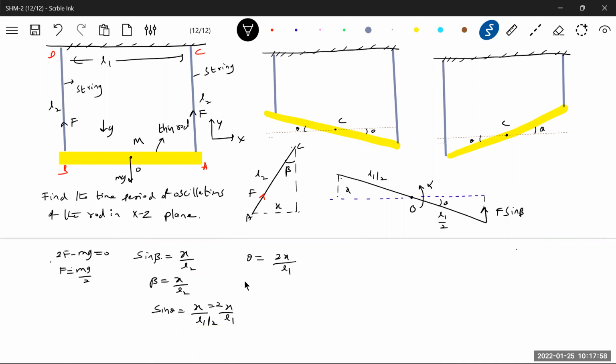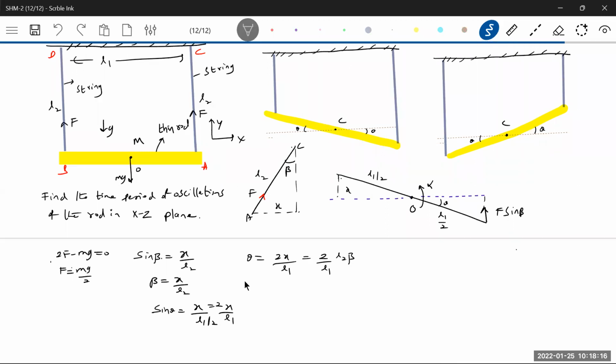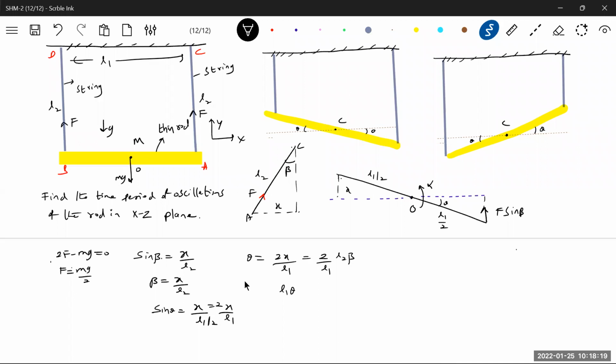Now we'll get the relationship. x equals L2 beta, so L1 theta by 2 equals L2 beta. Okay, this is one primary equation which I needed.